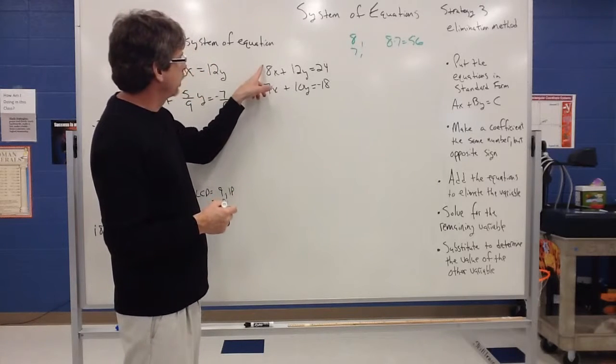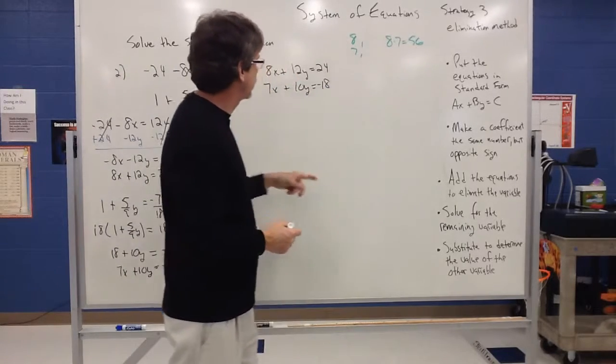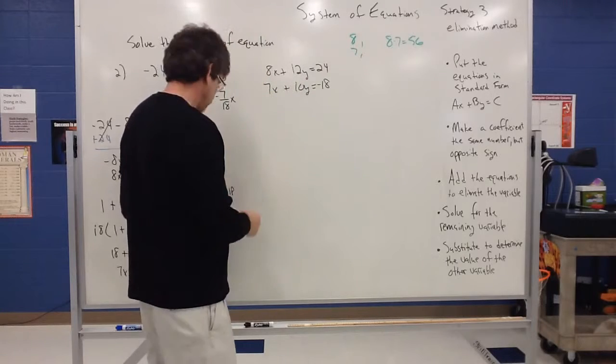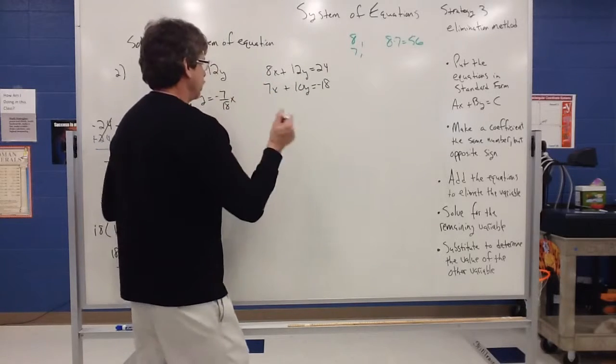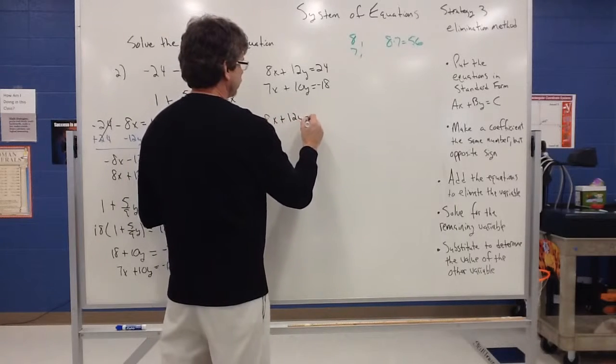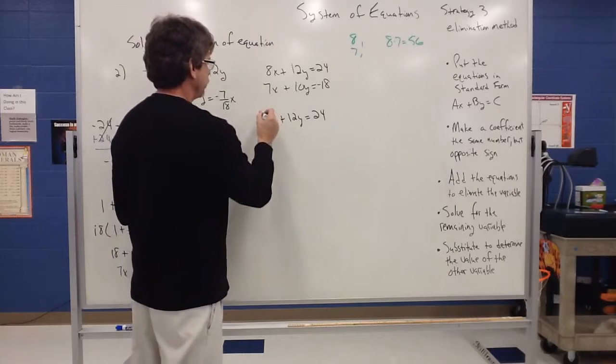So what I have to ask myself is, what am I going to multiply that 8 by to get this 56? I would have to multiply that 8 by that 7. So my first move, I'm going to have this 8x plus 12y is equal to 24, and I'm going to multiply each side by a 7.